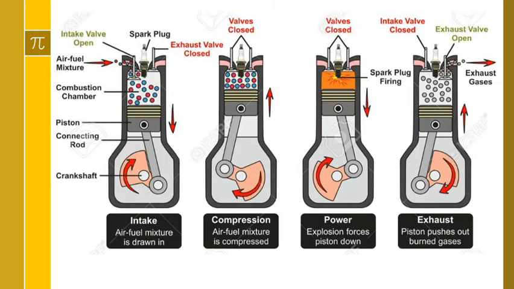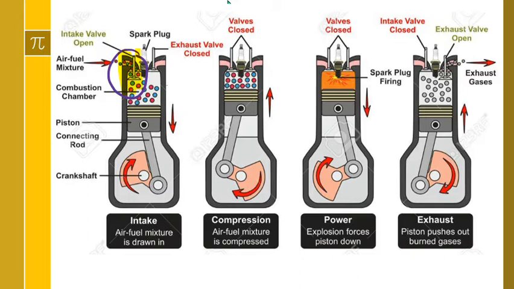One more review here, just thinking about angles and degrees. When you start the process on your intake stroke, you have a valve that is open. Your intake valve is open. Let's highlight that right here. Once you get down to the bottom dead center, you are going to start your compression stroke. No valves open.